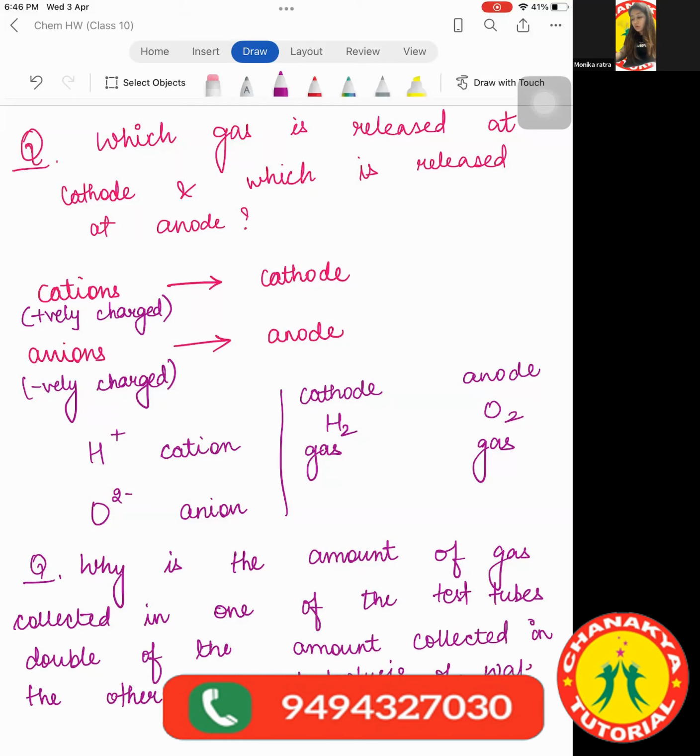On electrolysis of water, name this gas.